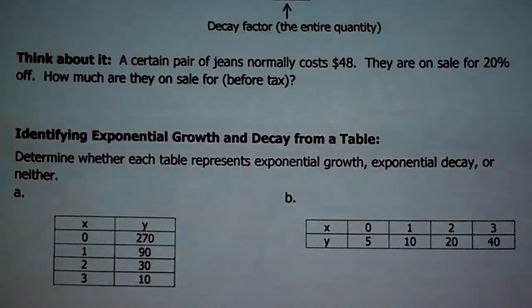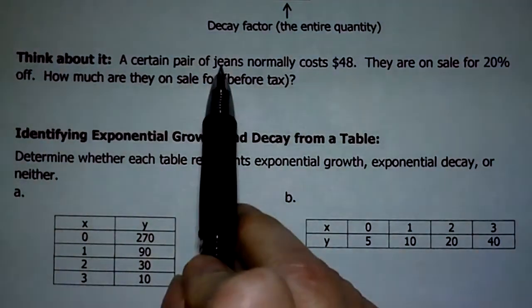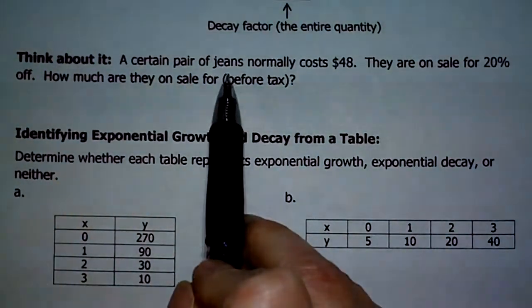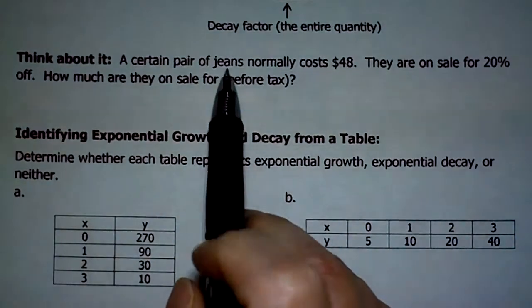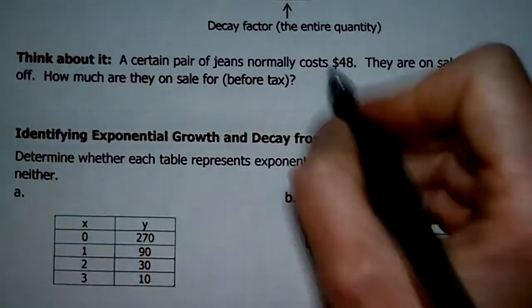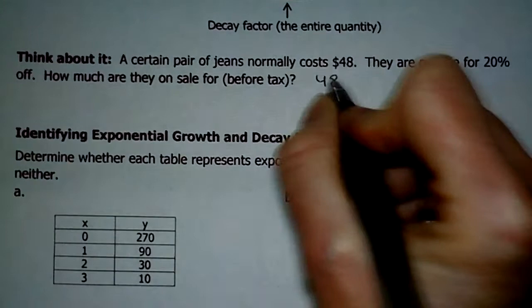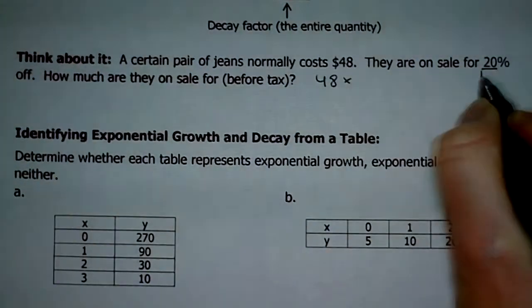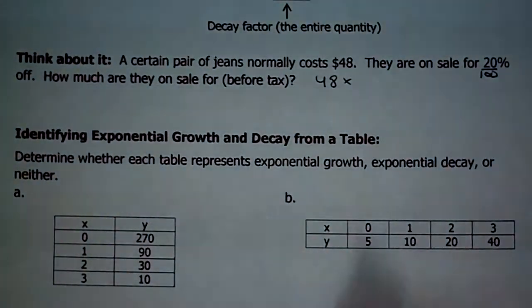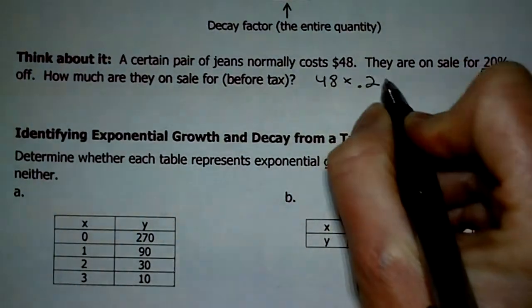And I wrote before tax because some people will get confused about should we include that or not, and I'm just letting you know you don't have to. Now, most of the time, if you're out and about and you're trying to figure out 20% off, I'm quite certain the normal thing you would do is say, okay, well, 48 times, and you take that 20% and change it to a decimal, 0.2.